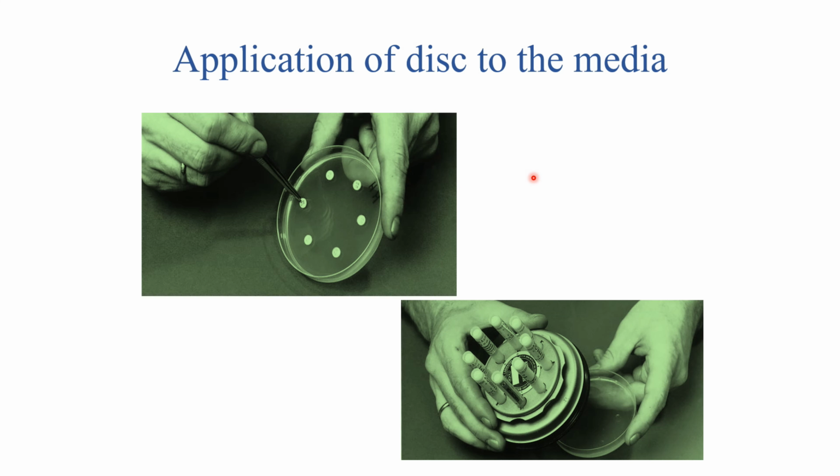We will place the antibiotic discs onto this lawn cultured Mueller-Hinton agar medium. Manually we can dispense, or a pre-prepared dispenser is there. With the help of the dispenser, we will place the antibiotic discs onto the Mueller-Hinton agar.